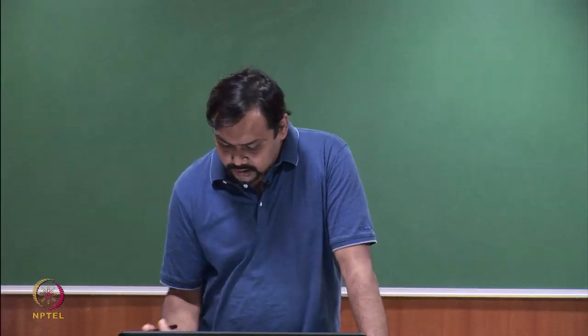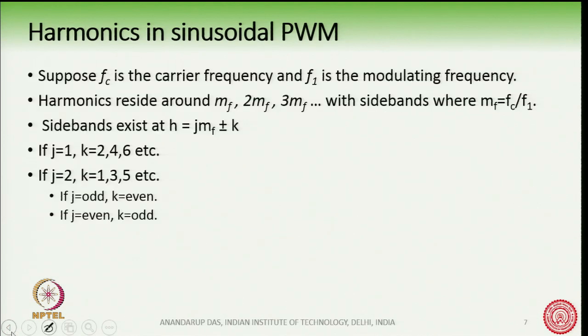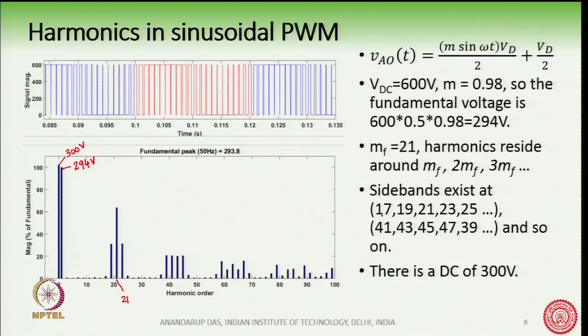Now, what about the harmonics? The harmonics reside, there will be side bands. From the previous formula we have seen that if j equal to 1, k equal to 2, 4, 6. So, therefore, side bands will exist at 17, 19, 21, 23, 25 like that.